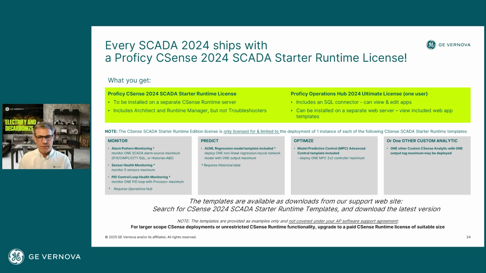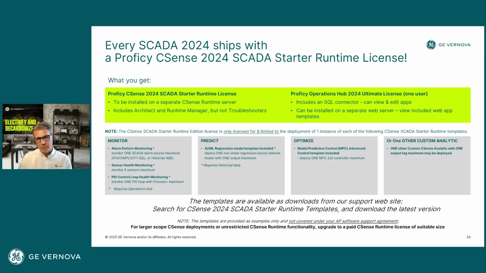But we are not giving it as a blank sheet. We are also making available out-of-the-box templates for high-value use cases. You can see some of the templates here, including alarm pattern monitoring, sensor health monitoring, PID control loop monitoring, AI machine learning predictive model, and model predictive control, which can help you make a real quick start with analytics to start to optimize your assets and plants.